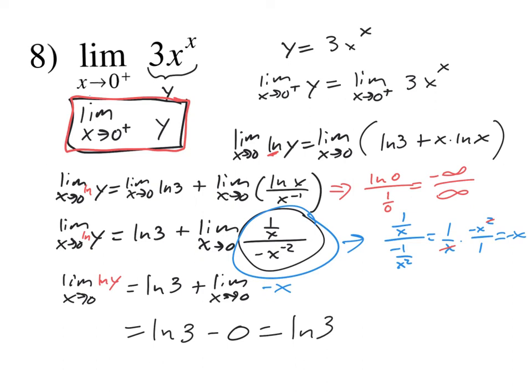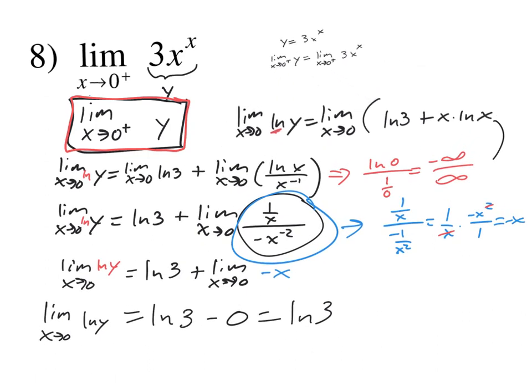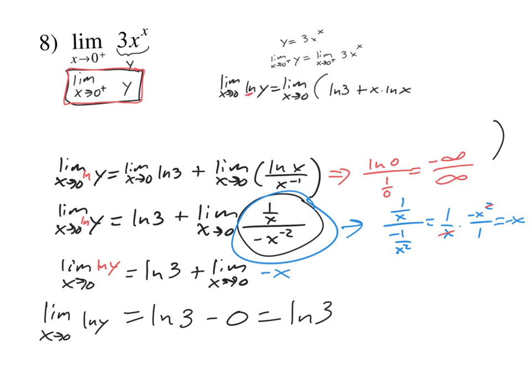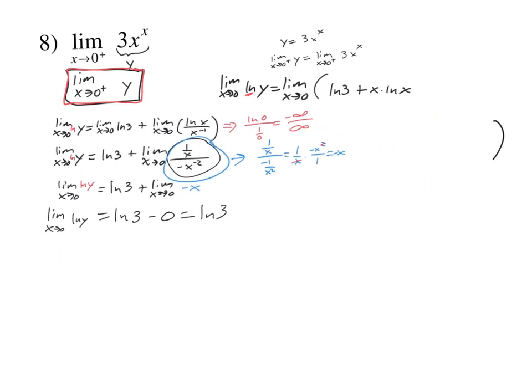Okay, all that. But let's go back to what I have here. Remember, this is the limit as x approaches 0 of the natural log of y. So now this is the part that's a little bit different. I'll do it in blue.